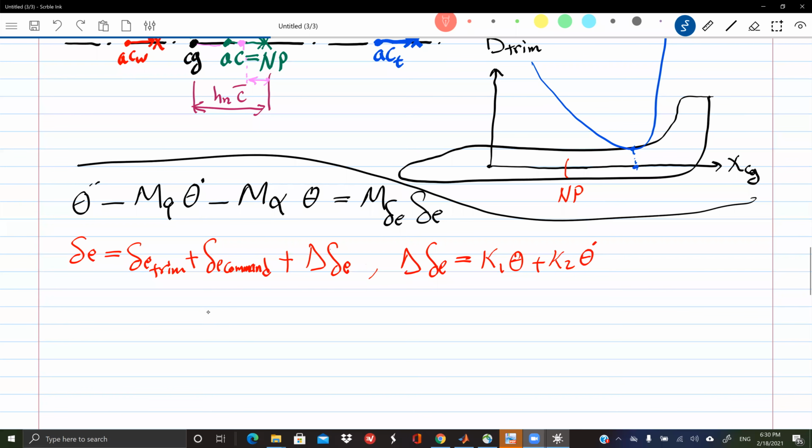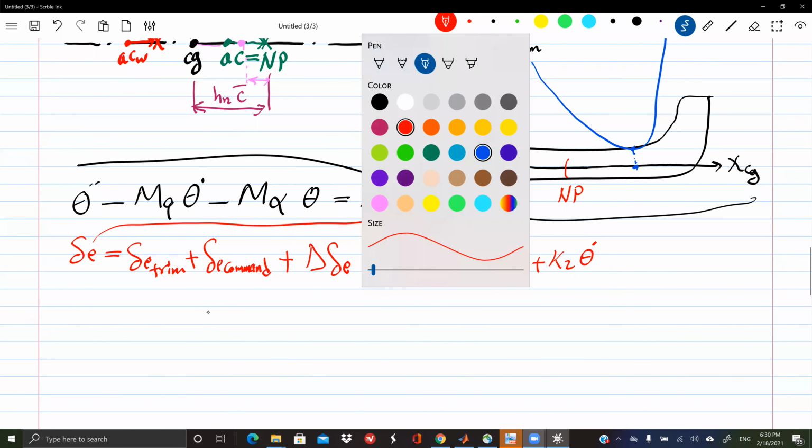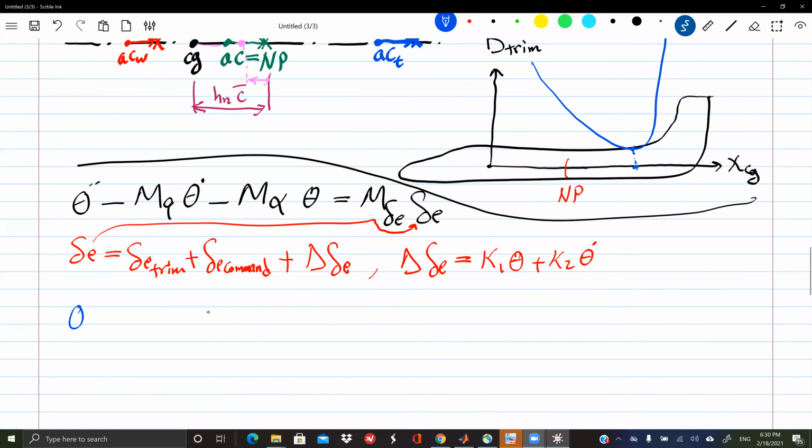Let's substitute this delta elevator all the way here and collect terms together. So I will have theta double dot minus (m_q plus k2), I'm sorry, this guy will multiply m_delta-elevator. I have m_delta-elevator times k2 here, all multiplying theta dot.